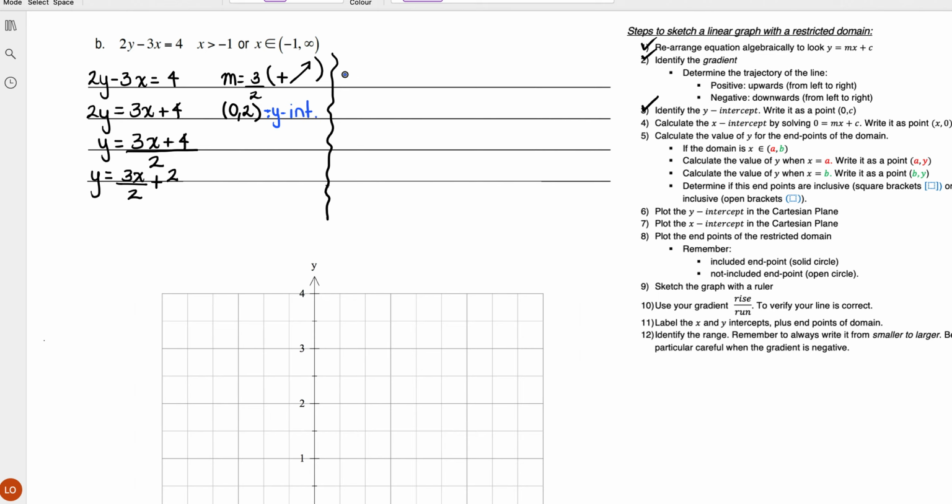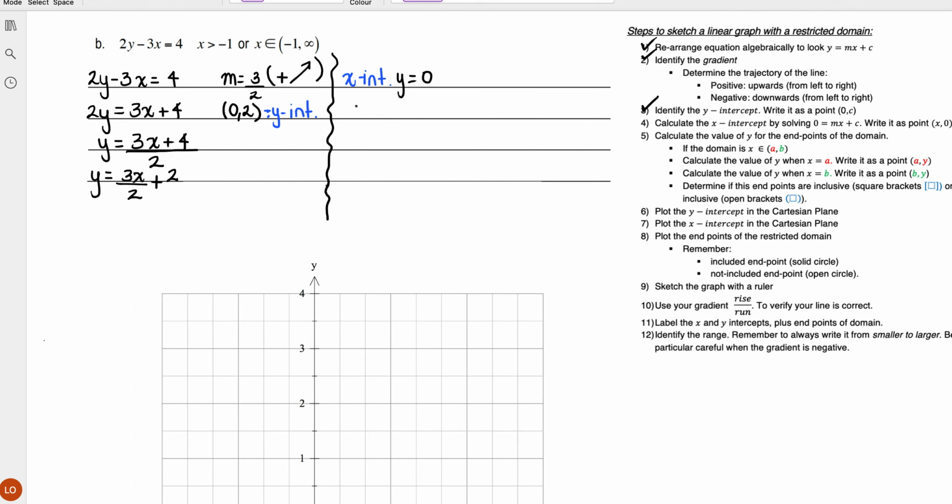Okay, so when I'm doing my x-intercept, I need my y to be equal to 0. Agree? So I can use this equation or this equation, the original one, whatever is easier for me. I'm going to use this one. It's the same. Agree? This one is just written in a different form.